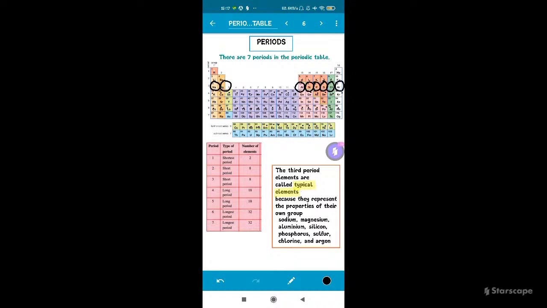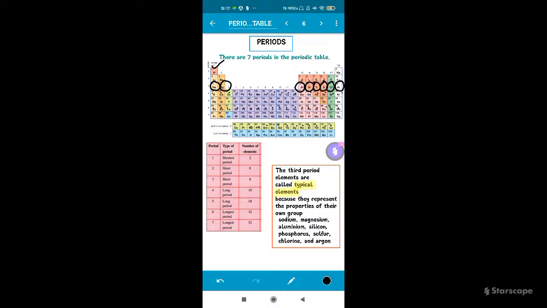If we study sodium, we can say that all the other elements of the group in which sodium belongs, the first group, so all the elements in group 1 will have similar properties like that of sodium. Similarly, whatever properties magnesium has, the other elements in group 2 will have the same. Similarly, whatever properties chlorine has, the other elements of group 17 in which chlorine lies will also have the same properties like chlorine.